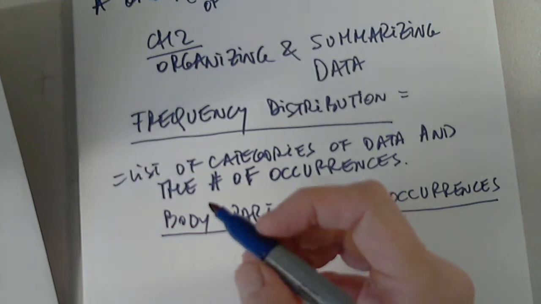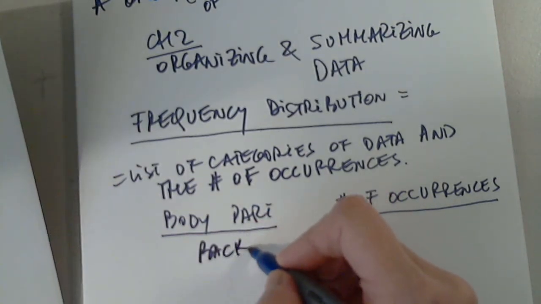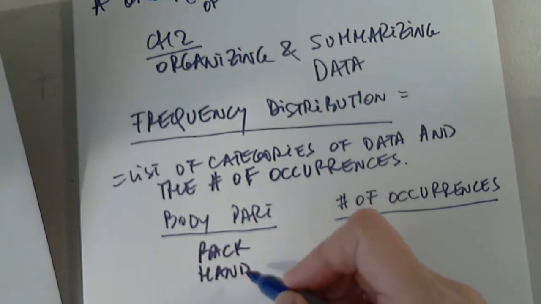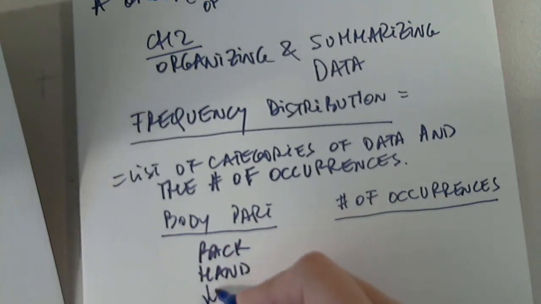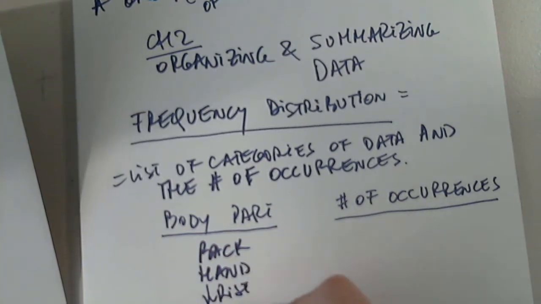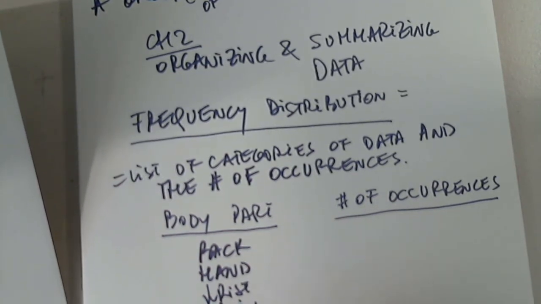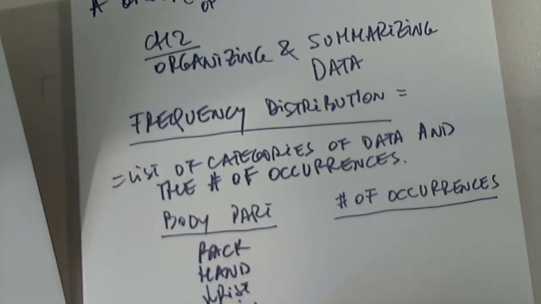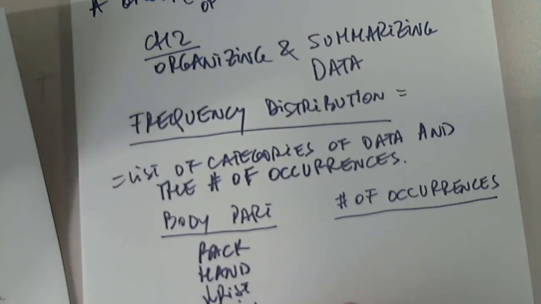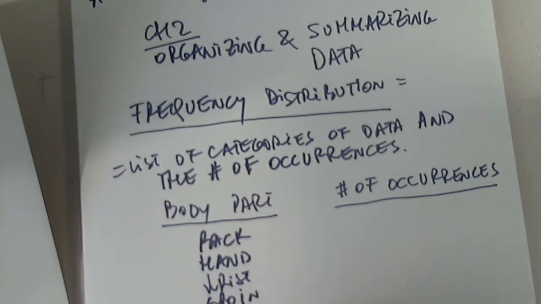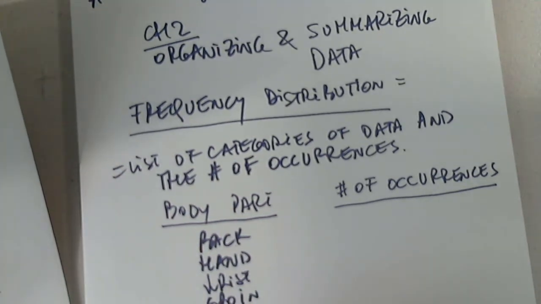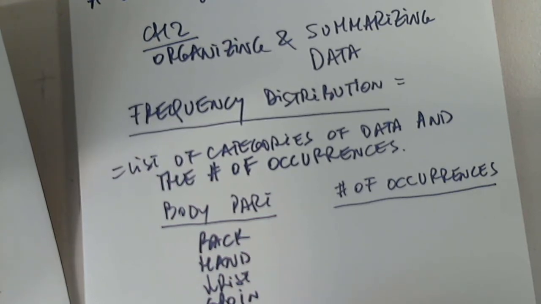I'm going to write back, hand, wrist, groin area, elbow, shoulder, hip, knee, and neck.